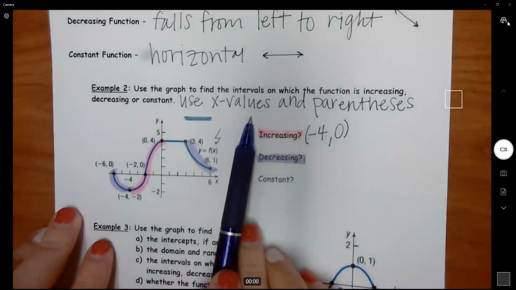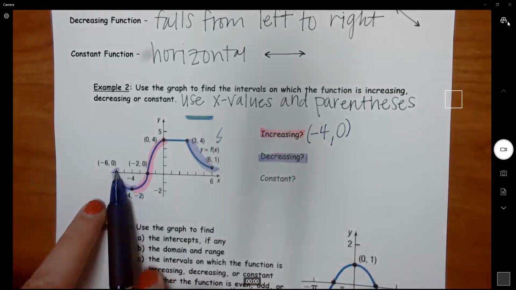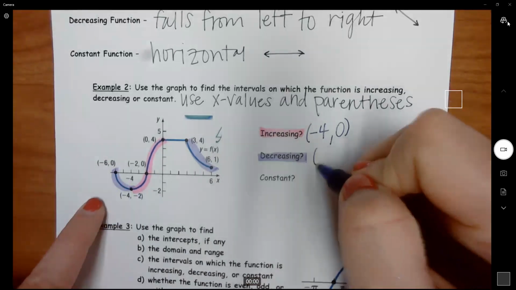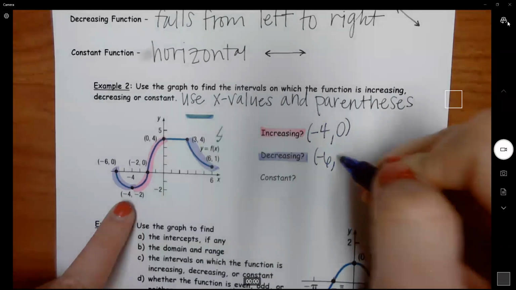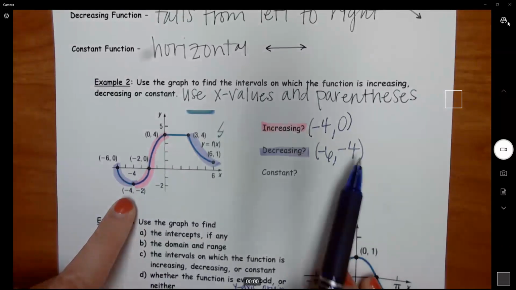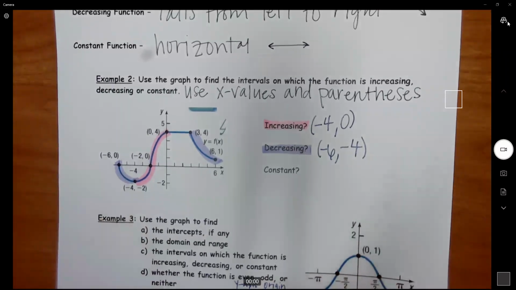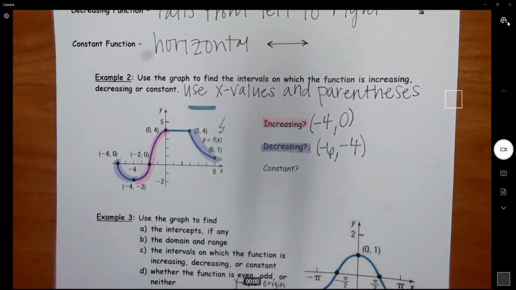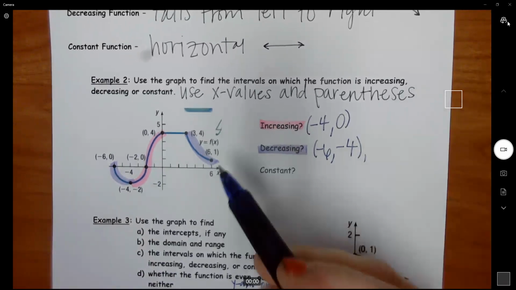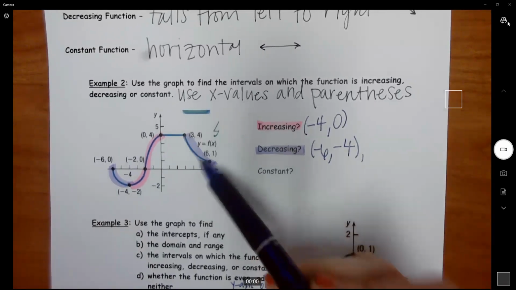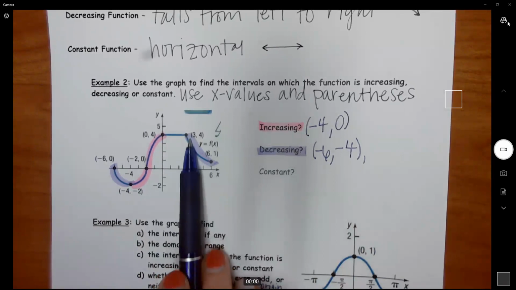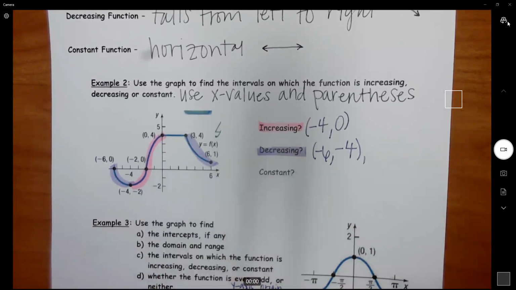So again, x values, and we're using parentheses. So my x value here is -6 to -4. But see, at -4, we're not saying it's increasing or decreasing. We can't say it's constant. It's changing. And then let's list this portion over here. Its x is 3, and it goes to where x is 6.